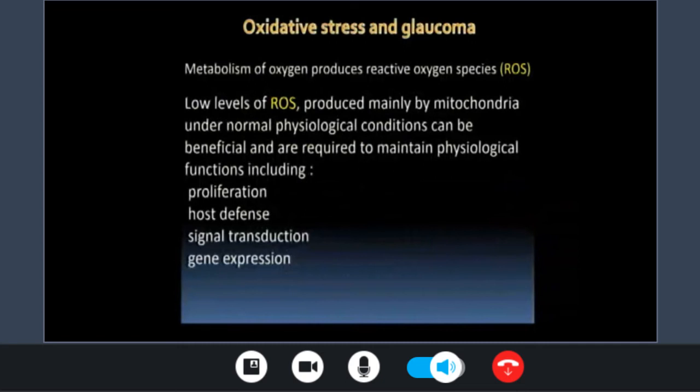The metabolism of oxygen in the retina leads to what we call reactive oxygen species. For a healthy retina, we should have reactive oxygen species at a very low level, not a high level. This low level is very important to maintain function, proliferation, host defense, signal transduction, and gene expression.